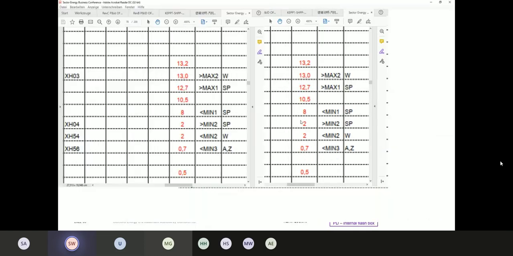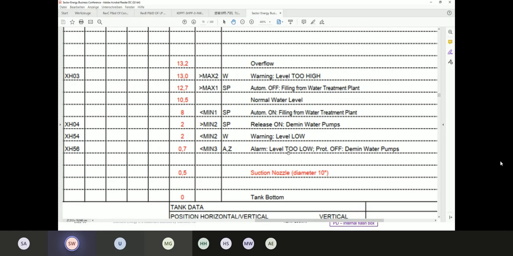And then as a last protection, you have normally the level is too low and the CP pumps will trip. As a protection to protect the pump itself. So that's a mechanical protection over there. So to protect the pump from mechanical damage, from cavitation.